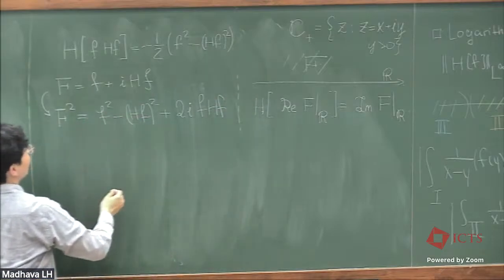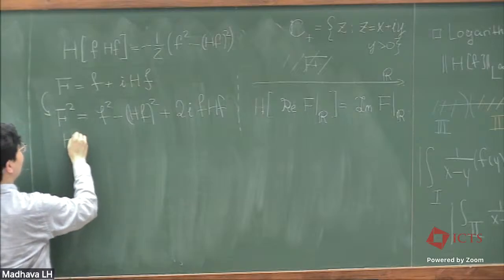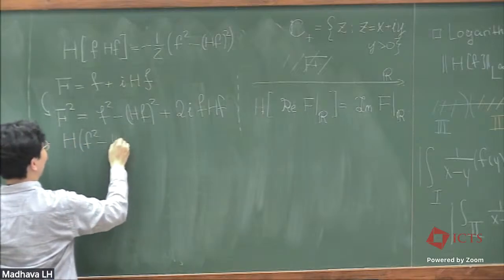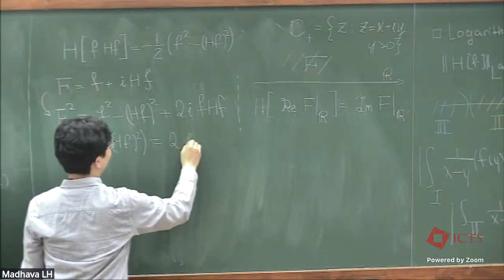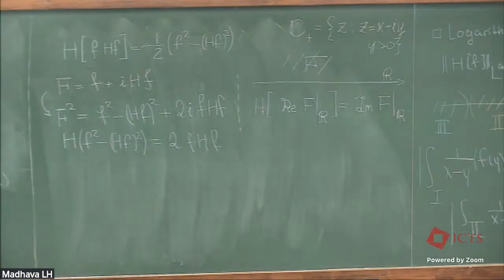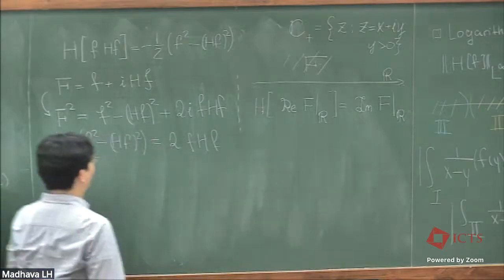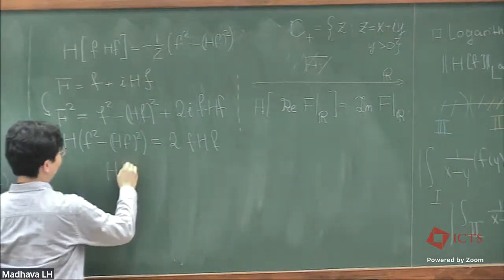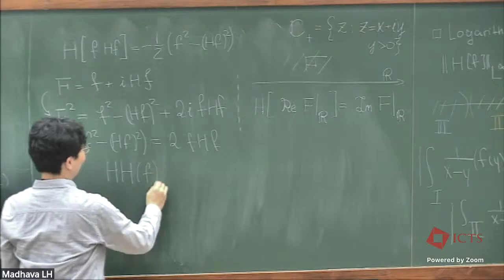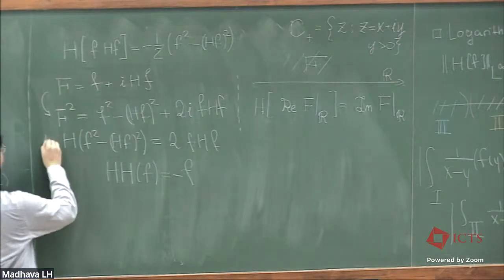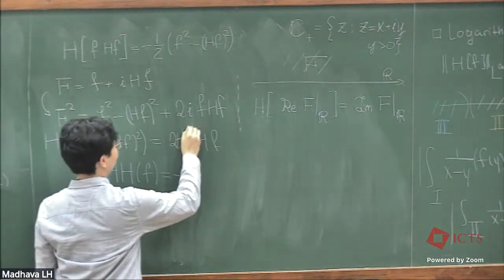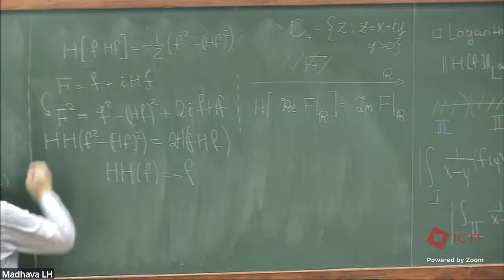So what do you get? You get that the Hilbert transform of f squared minus Hf squared is 2 f Hf. Another thing you can get from this theorem is that if you apply the Hilbert transform twice, you get minus identity for any f. So you just apply H again, and you get this formula.